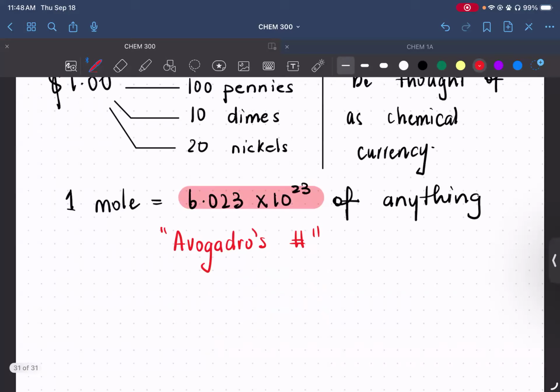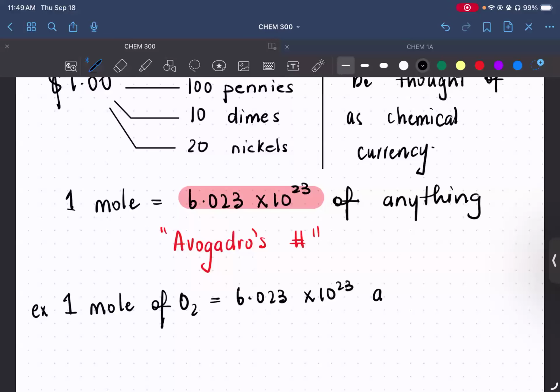As we further applied it to chemicals, for example, oxygen, 1 mole of oxygen is equal to 6.023 times 10 to the 23 atoms of oxygen.